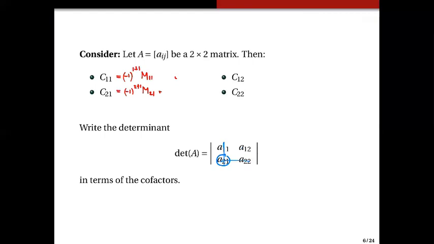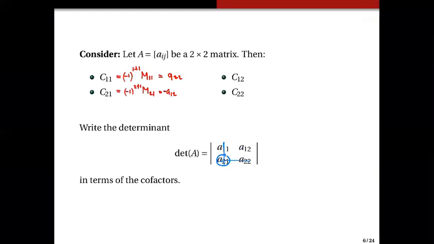So this is equal to A12. But in here we have the exponent 2 plus 1. So negative 1 raised to 2 plus 1 is negative 1. So we have a negative in here.